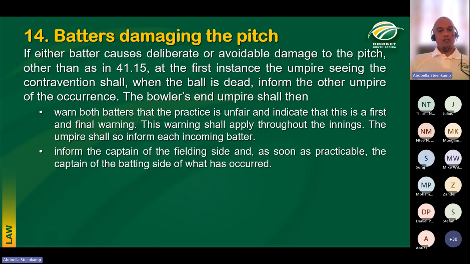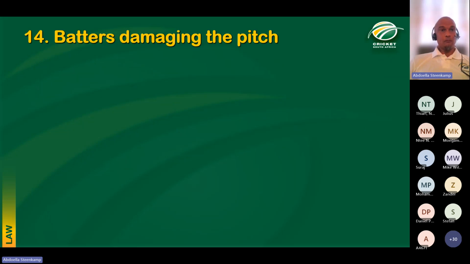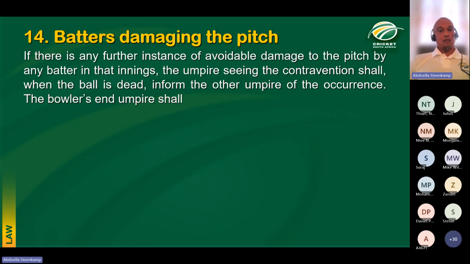You need to inform the fielding captain of this, and as soon as practicable, the captain of the batting side that his or her side is on the first and final warning for batters causing deliberate damage to the pitch. So that's the first instance.